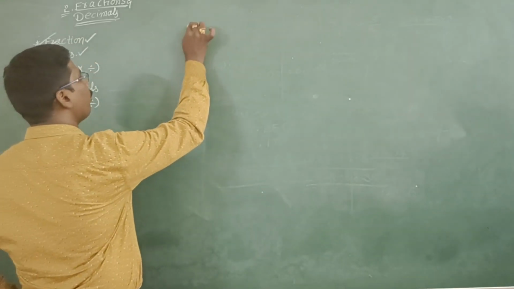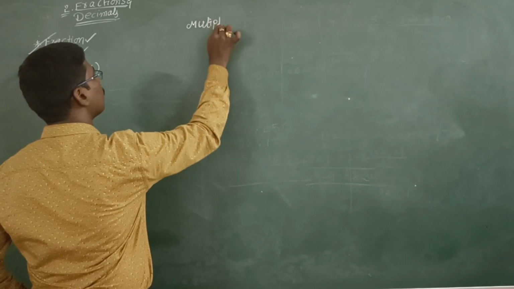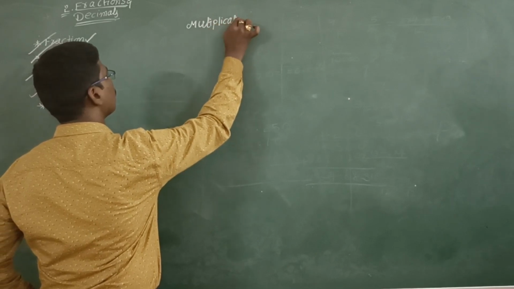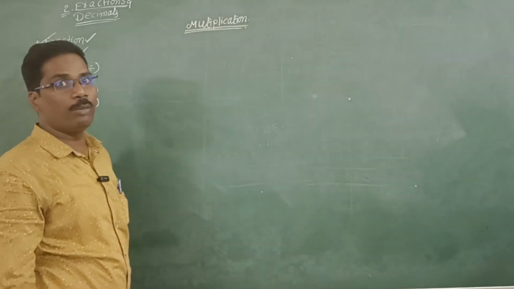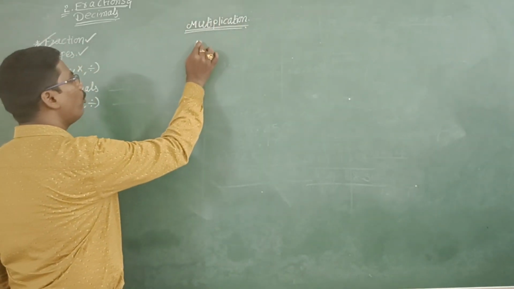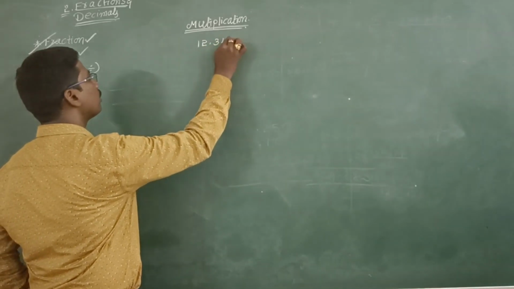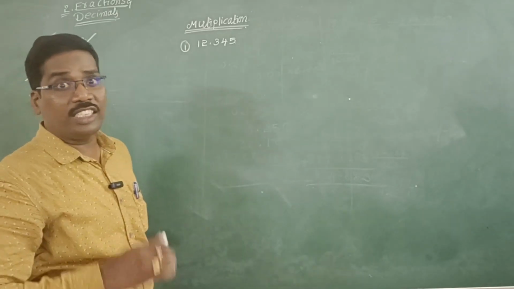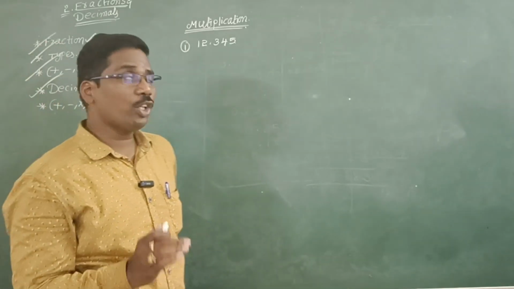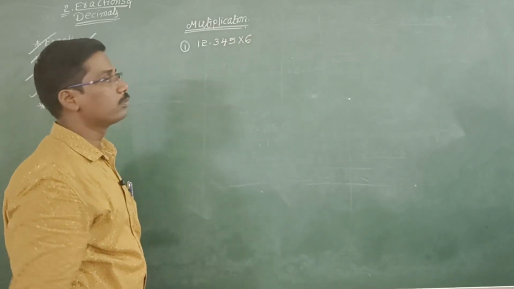So multiplication of decimals. See here, multiplication of decimals. I'm going to take 12.345. This decimal I want to multiply with a whole number, that is 6. This is one type.